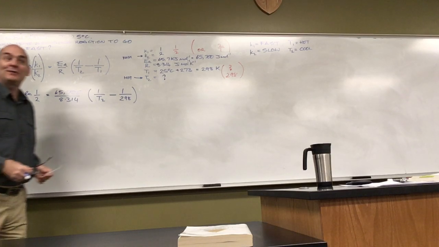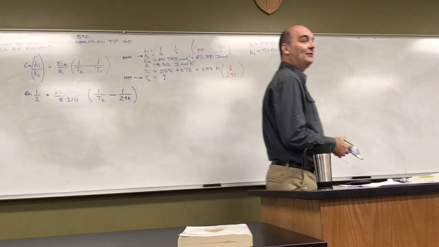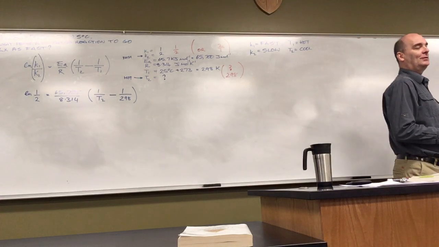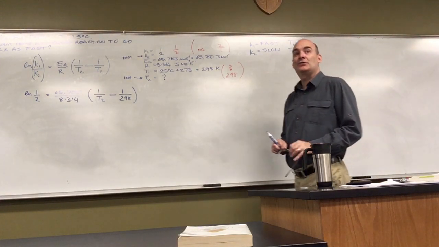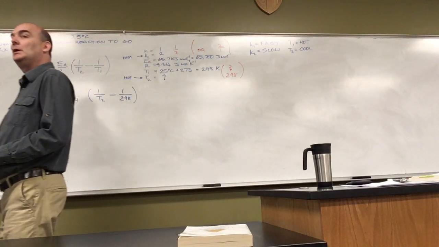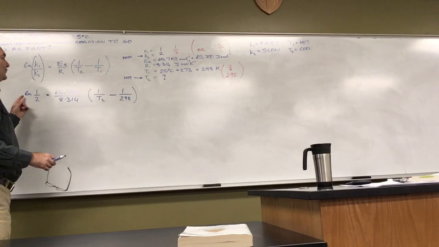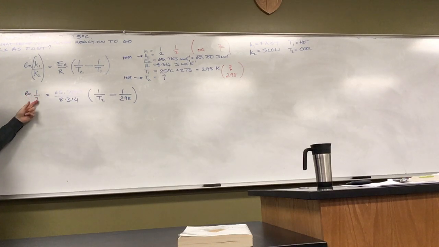That's the half-life number for a first order reaction. Remember, T half in a first order reaction is 0.693 divided by k, because the natural log of 2 was 0.693. So what would the natural log of 1 over 2 be? Negative 0.693.